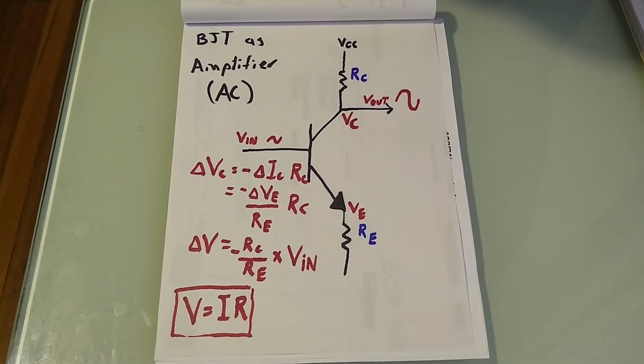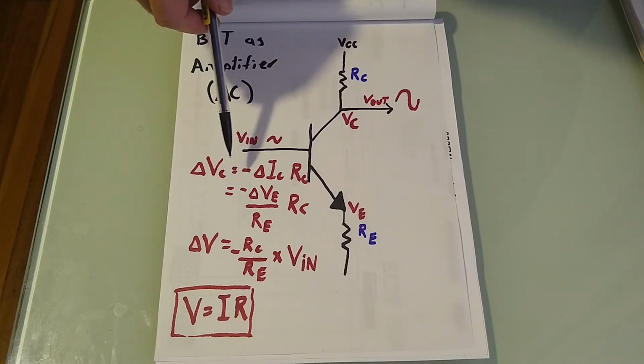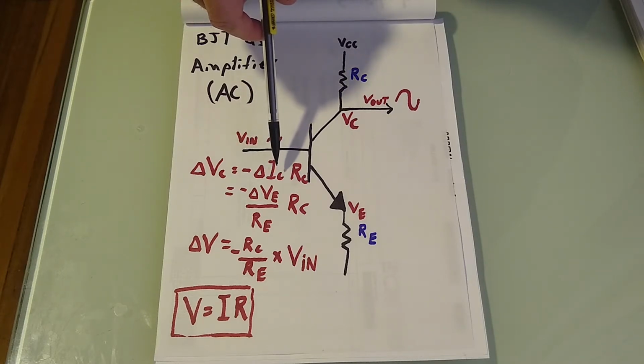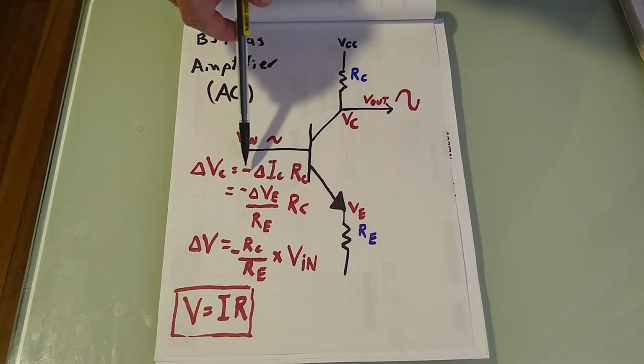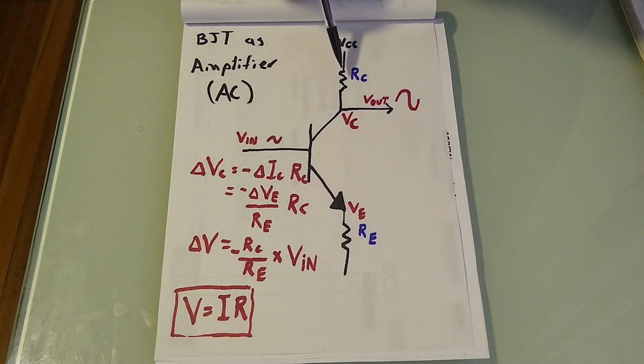So to calculate our gain, we know that delta VC is equal to delta IC times RC. And in this case, it's negative delta IC because of our voltage drop, which we explained previously.